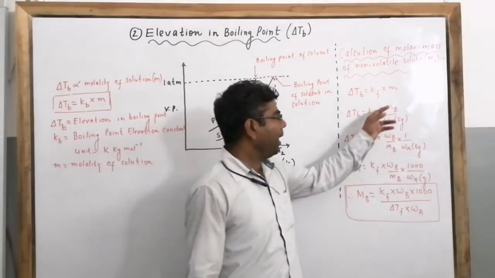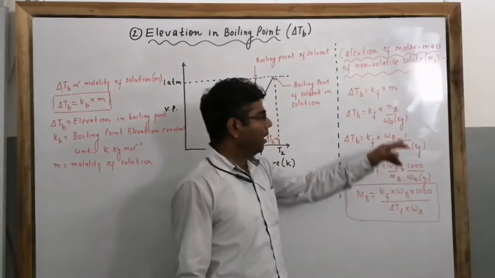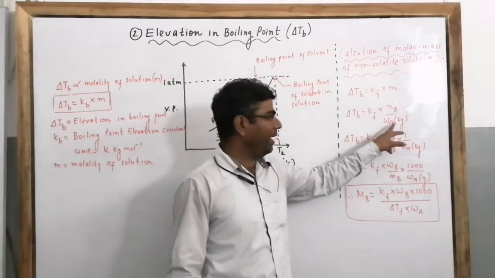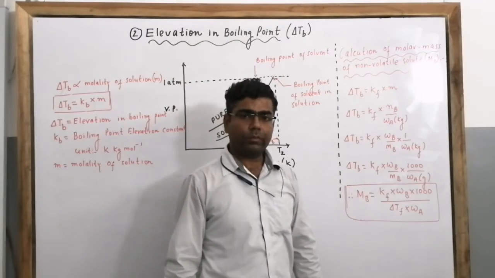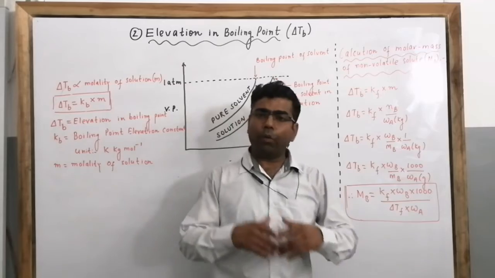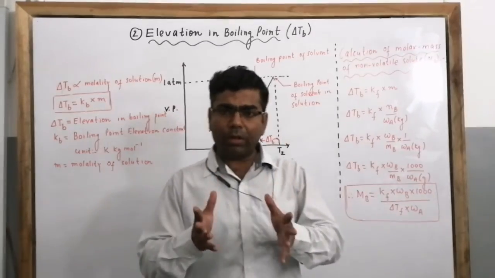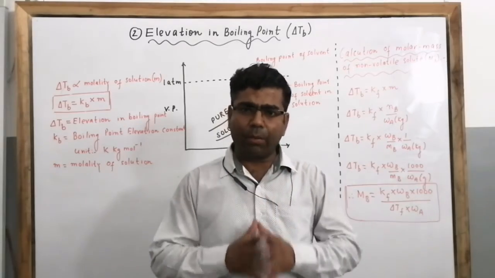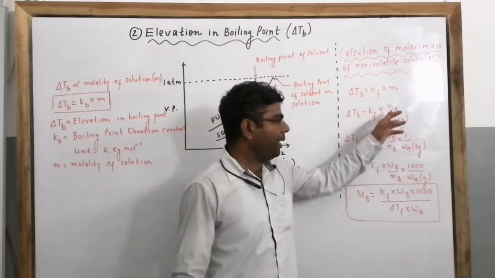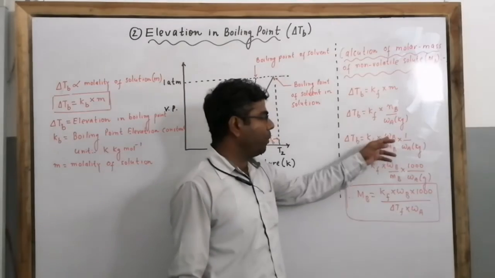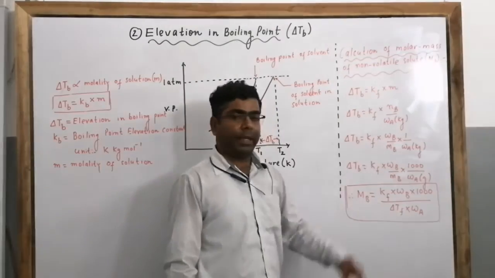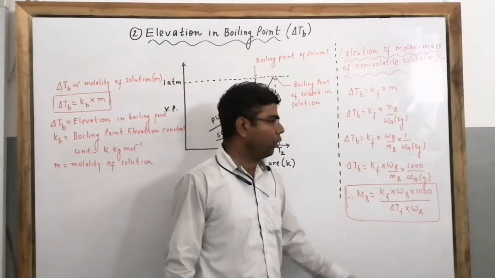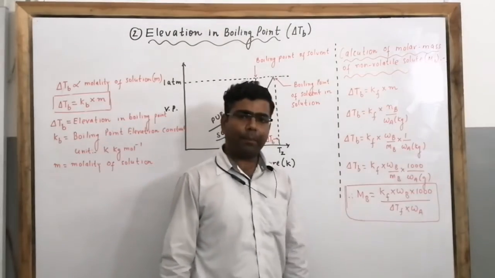So here m can be written as the number of moles of solute divided by the mass of solvent in kilogram. Now, how do we calculate the number of moles? Number of moles equals the mass of the substance divided by the molar mass. So here nb can be replaced by Wb by Mb, where Wb is the mass of the solute and Mb is the molar mass of the solute, into 1 by Wa in kilogram.